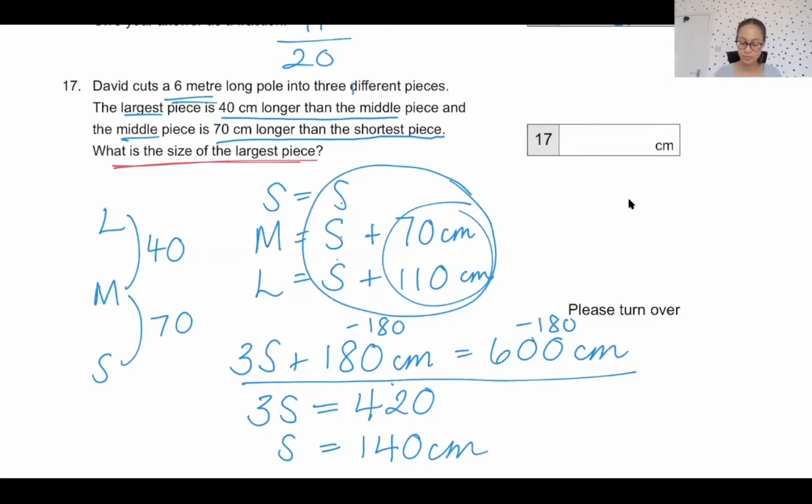So we do 140 plus 110, and then we get 250. Good. Quite a tricky one, they're getting harder now. So the largest piece is 250. I think a lot of you have that. Good. Okay, I'm going to move on to the next lot.